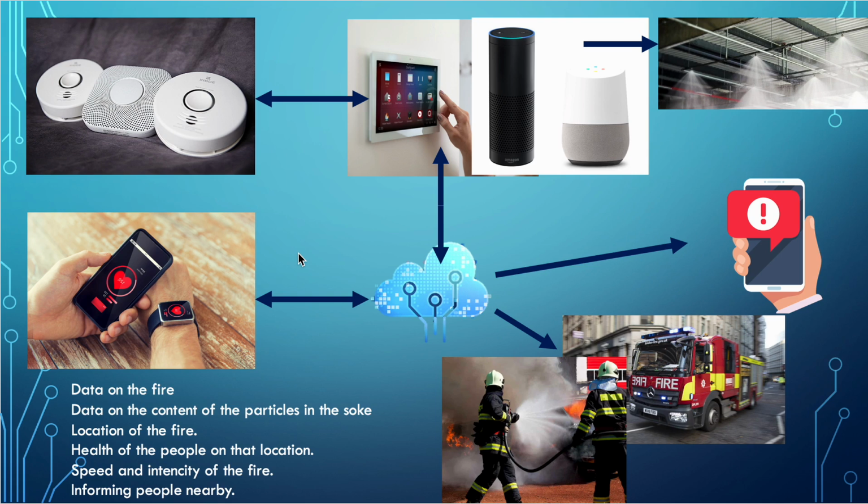Now you can see multiple different components working together, networked with each other, right? The fire department is directly networked to the smoke detectors in a building, so that the fire department can take information from the smoke detectors and take action.